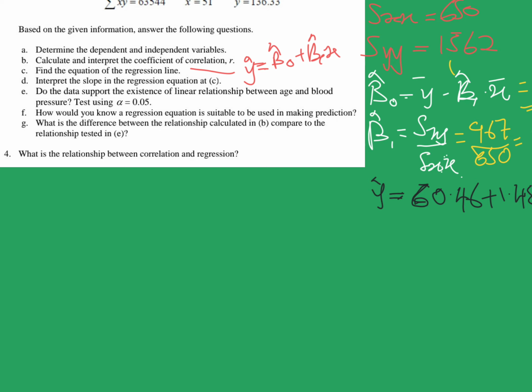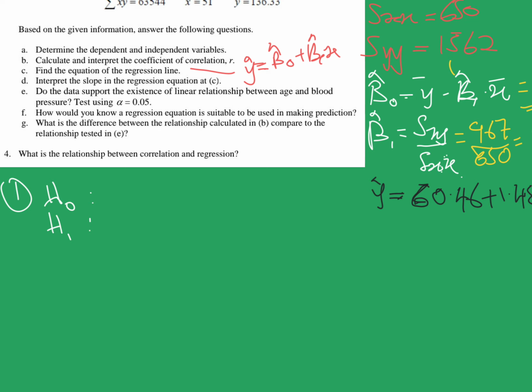So the first step is to write down the hypotheses, H null and H1.